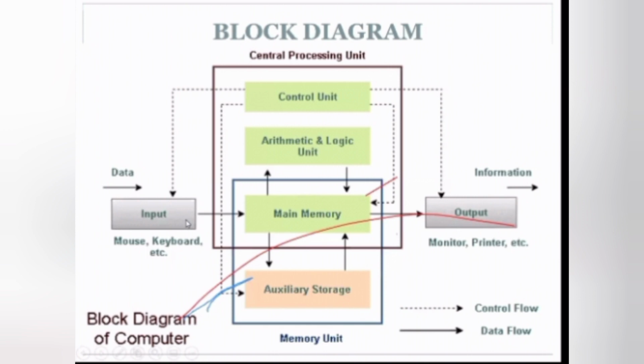So when you give input, first it goes to the control unit, the arithmetic logic unit and the main memory, and is converted into auxiliary storage and gives the output that you see on your monitor. So basically this is the flow.